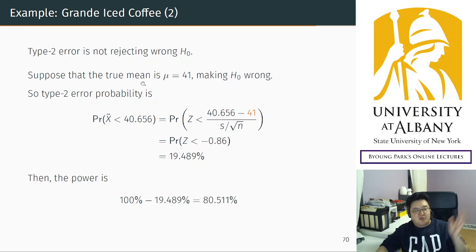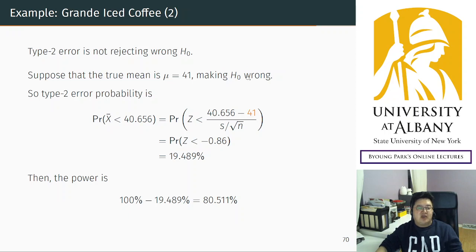So it's not a wrong hypothesis. So in an upper tail test, when you calculate type 2 error, you have to find a value above the hypothesis. If it was a lower tail test, then you have to assume a value lower than 40. So depending on which direction, the type 2 error happens only on one side, right? Upper side or lower side.